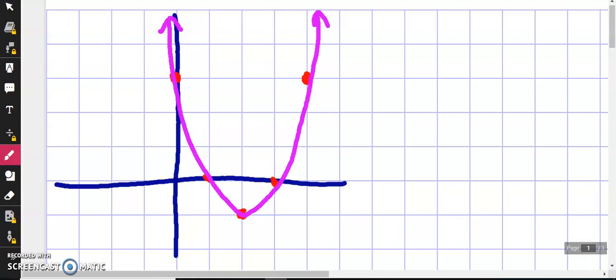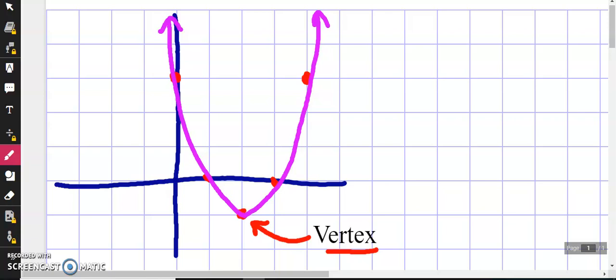The new terms that we need to know for today. The first is the term vertex, which refers to the point that's in the exact middle of our parabola. So this guy right here.